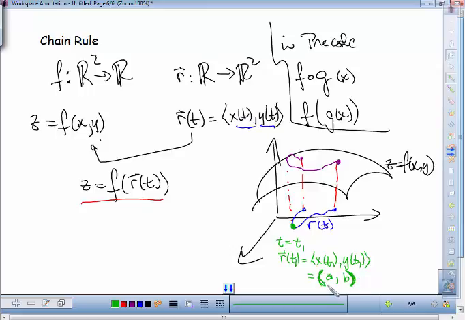And now I get to put this point (a, b) into the function, and that's going to give me the height. I can kind of backtrack the work here. F of (a, b) is actually equal to f of R of t1, a specific point t1.